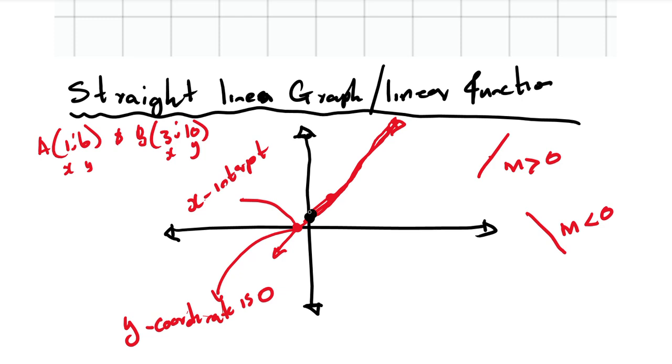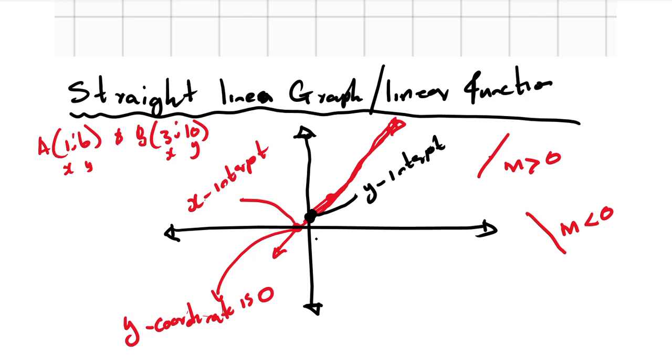Again, we have this point here. This point is our y-intercept. Why are we saying it's a y-intercept? Because it's a point where our graph touches or intersects with our y-axis.